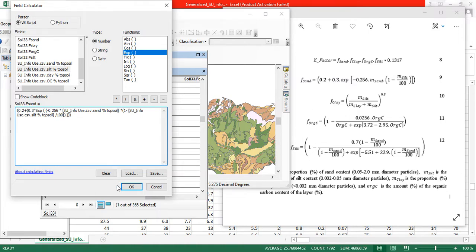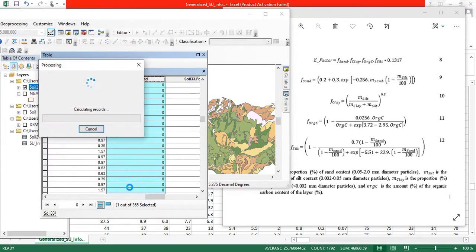I think now we should have the correct value.